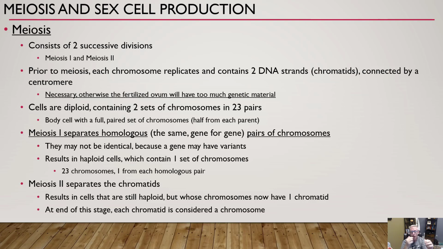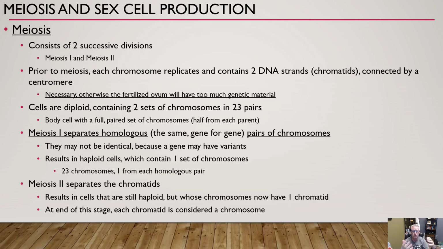In 23 pairs. But when we do the whole replication process, we have to replicate first these chromosomes that are in either the egg or the sperm. And so now we're creating a diploid cell that contains two sets of chromosomes that have 23 pairs. And we'll see why that is in just a second. So in meiosis 1, we're going to separate out those two sets of pairs into one set of pairs.